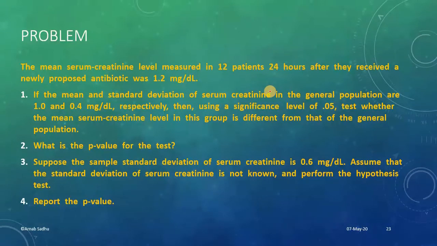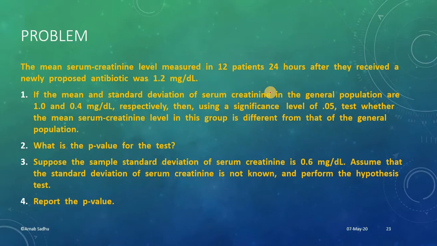So here is an example where the mean serum creatinine level measured in 12 patients after they received a new drug is 1.2. The mean and standard deviation of the serum creatinine in the general population are 1 and 0.4.